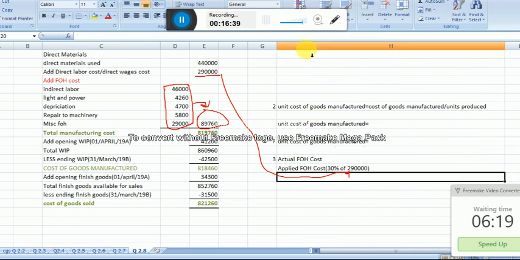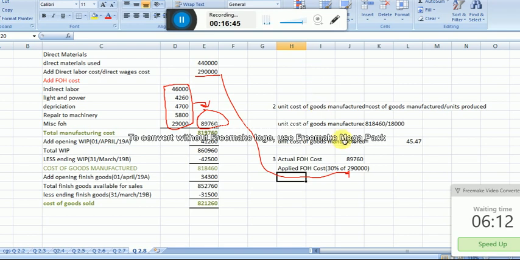The company was considering that 30% of the direct labor cost would be the factory overhead, but in actual we have 89,760. What does it mean?